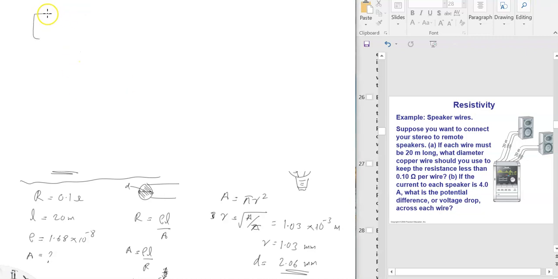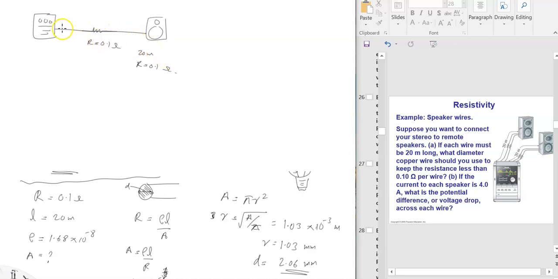Here's the music controlling unit, here's the speakers, and here's the connecting wire. This is 20 meters long. We found the resistance to be 0.1 ohms. It acts like a resistor. That's the idea. Resistance is 0.1 ohms.